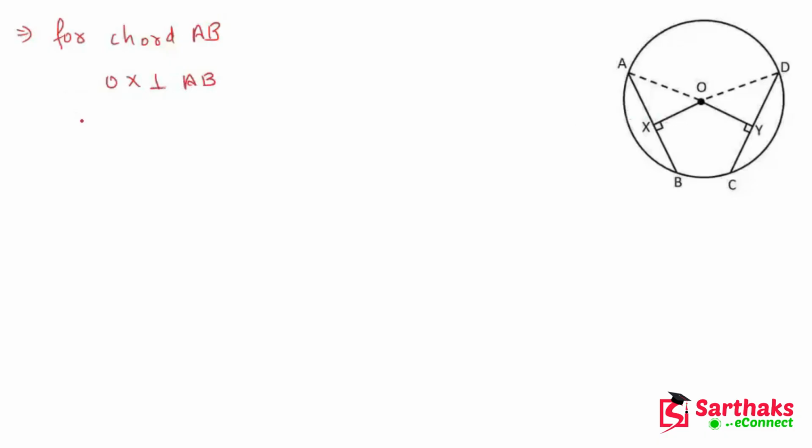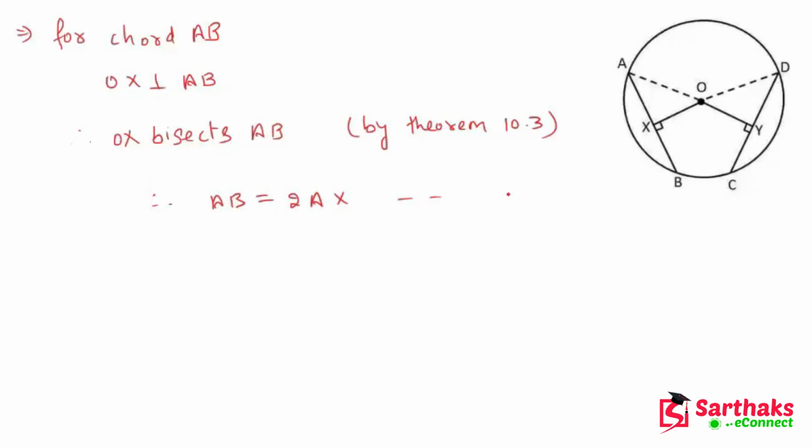And we also know that a perpendicular from the center to the chord bisects the chord, so we can write that OX bisects AB by theorem 10.3. So AB is equal to twice of AX. Let's suppose this is equation number 2.